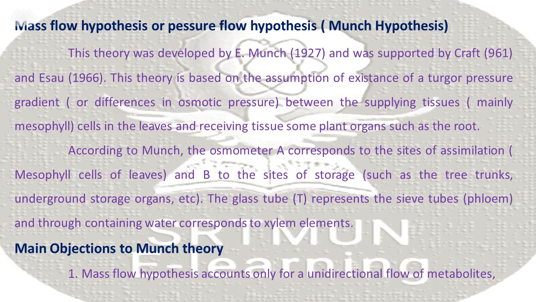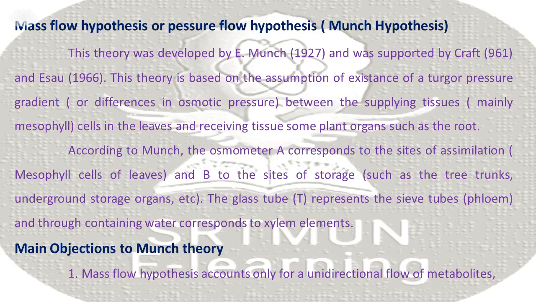Now, next, mass flow hypothesis or pressure flow hypothesis, the Munch hypothesis. This theory was developed by E. Munch in 1927 and was supported by Kraft 1961 and Eschrich 1966.